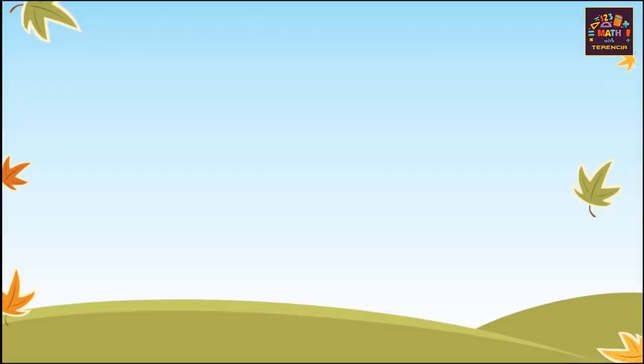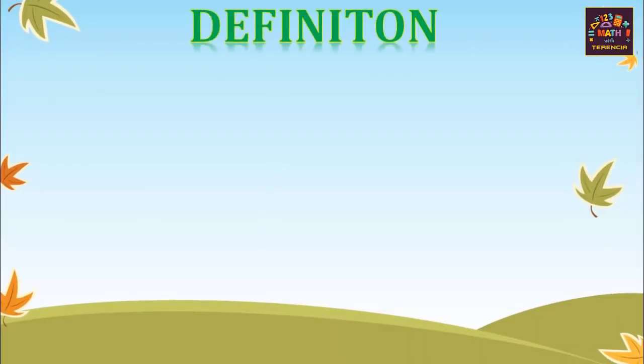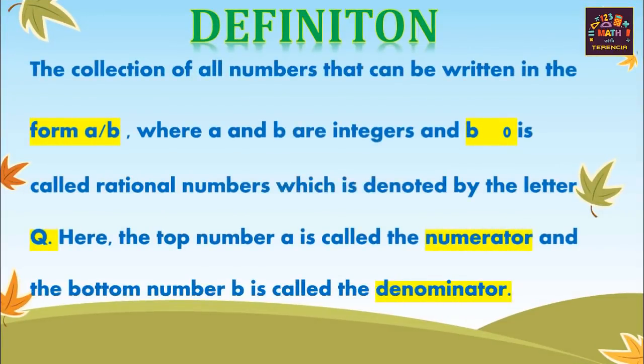Let's see the definition. A rational number is a collection of numbers that are written in the form of a by b, and b should not be equal to 0.